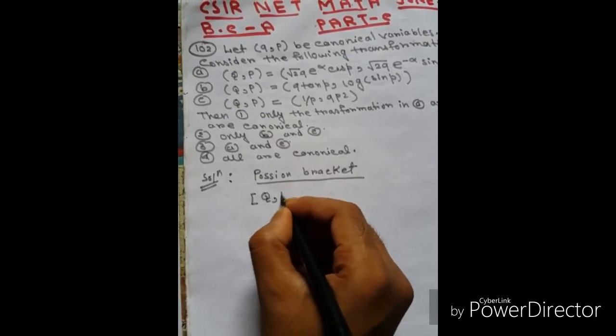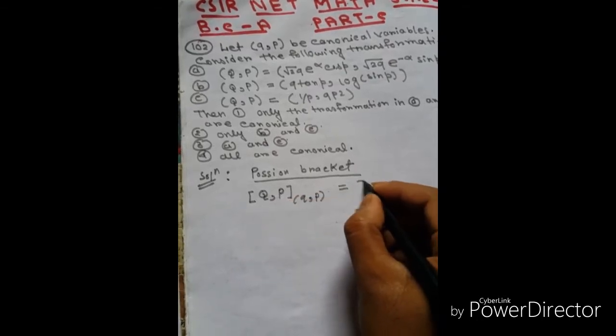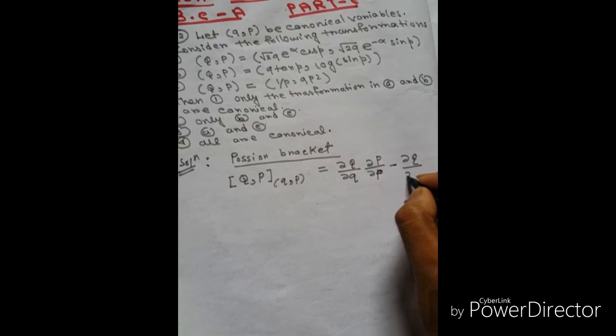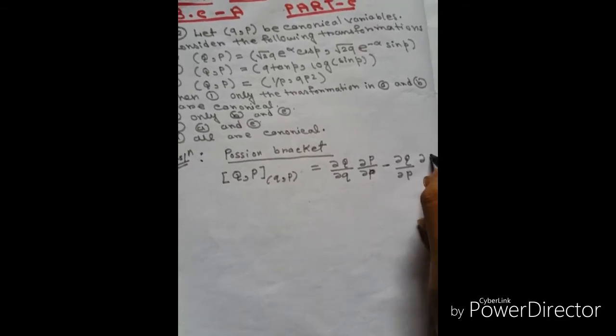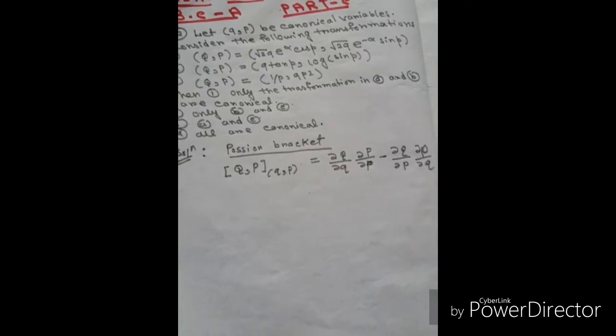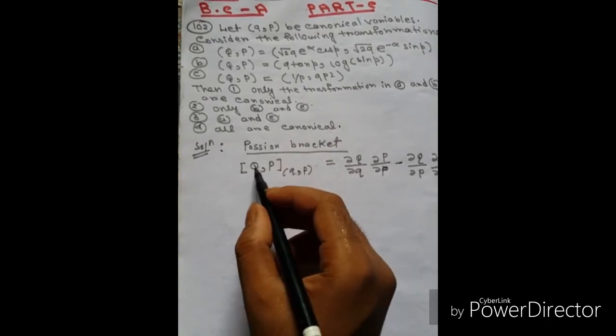If Q and P are functions of small q and p, then the Poisson bracket of Q and P with respect to q, p is given by del Q del q into del P del p, minus del Q del p into del P del q. This is the Poisson bracket of the two variables capital Q and capital P with respect to small q and p, right?